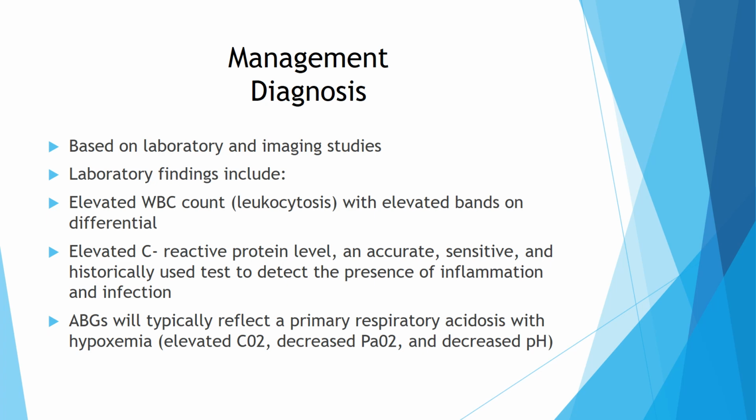Elevated C-reactive protein level, which is an accurate, sensitive, and historically used test to detect the presence of inflammation and infection. ABGs will typically reflect a primary respiratory acidosis with hypoxemia. So there will be an elevated CO2, a decreased PaO2, and a decreased pH. Respiratory acidosis.